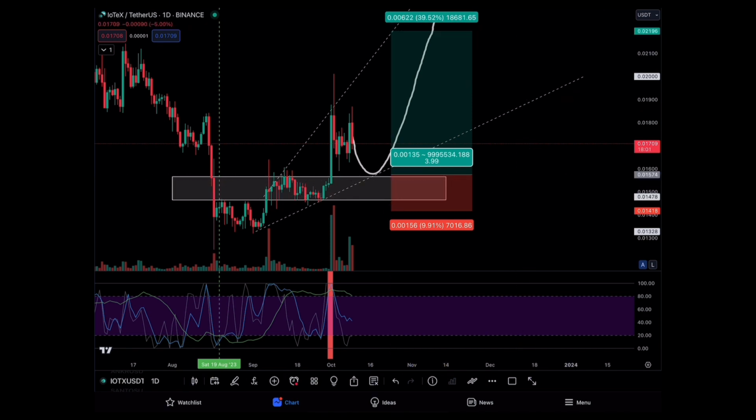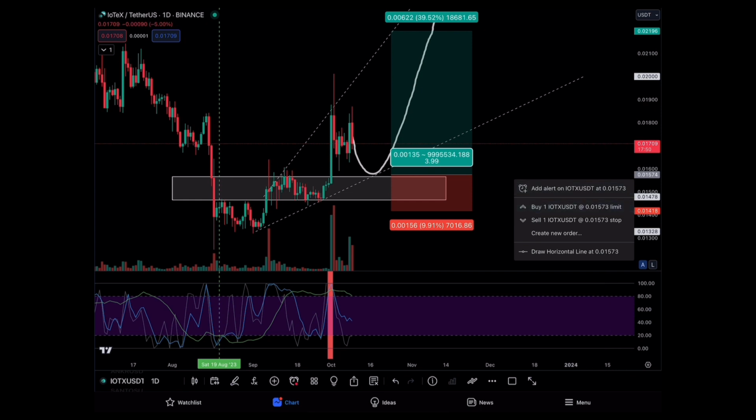So for this one, I wouldn't be setting an alert on the MTF, but I would be probably setting an alert on the price action. So I would be setting an alert here.